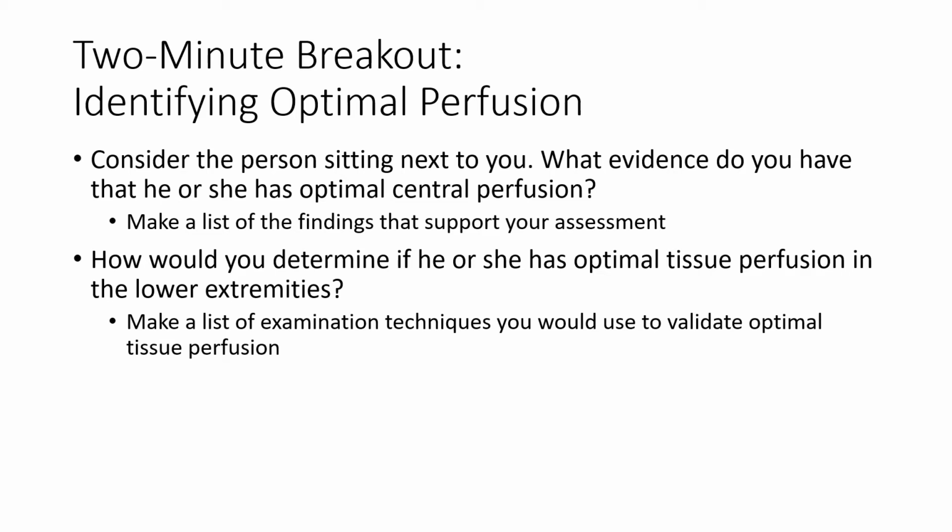So if we were in class, we could look at each other and consider the person sitting next to you and make some lists about whether or not they have optimal central perfusion. So if we thought that they had poor perfusion, we could see things such as a decreased hair pattern on people's legs.